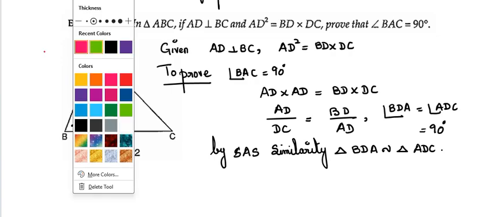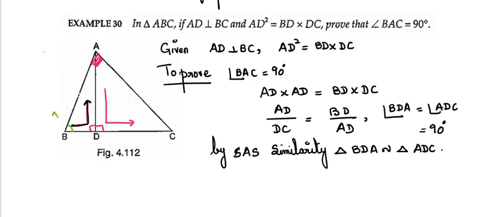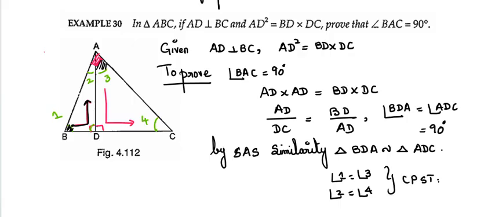One minute, ma. Let us name this as angle 1, this as angle 2, this as angle 3, and this as angle 4. Now we know that angle 1 equal to angle 3, correct? I have already taught you. Angle 1 equal to angle 3, angle 2 equal to angle 4, by CPST.